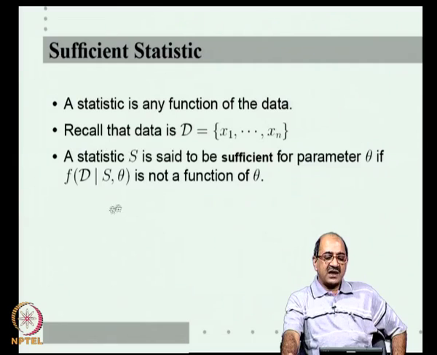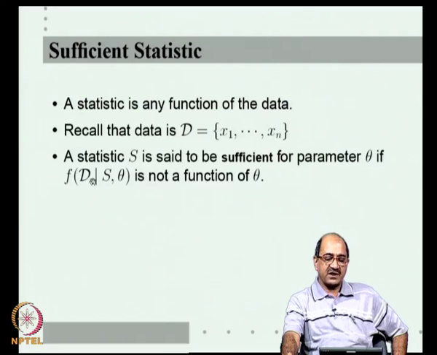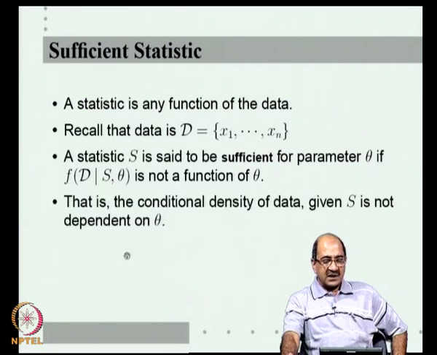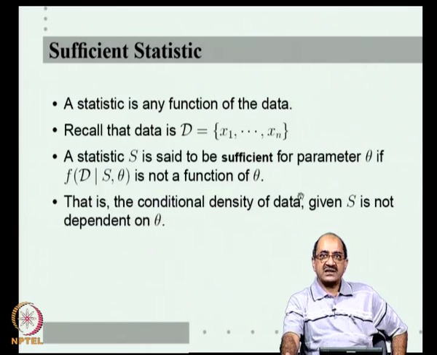Essentially, we are looking at parameterized forms of densities. So, if I want the data likelihood, that is the joint density of x1 to xn, it depends on theta. What this says is that the conditional density of data conditioned on the statistic is no longer dependent on theta. So, in some sense, the statistic S brings in all the information about theta that I need to know.